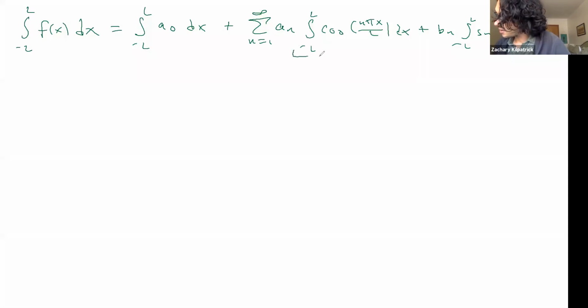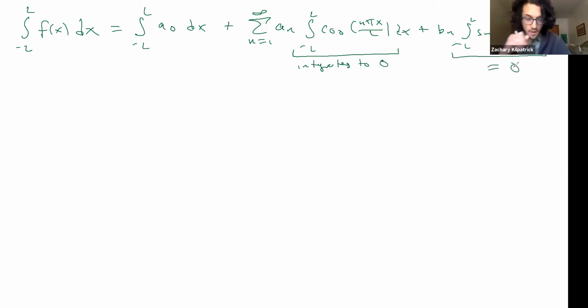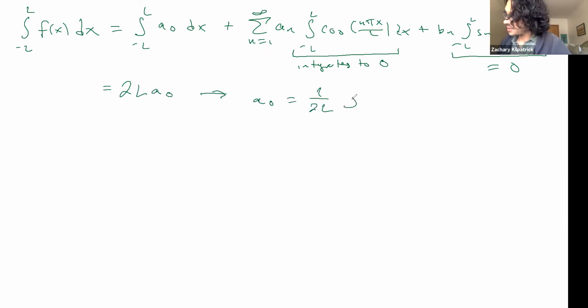So this basically integrates to 0. This integrates to 0. And we're just left with 2L a0, which implies that a0 is equal to 1 over 2L integral from minus L up to L of f of x dx. Okay, so that's great.